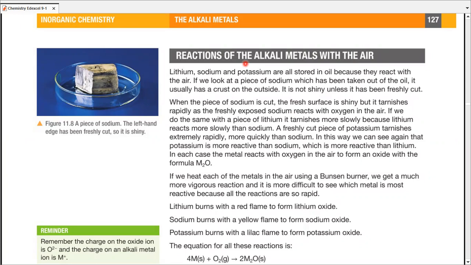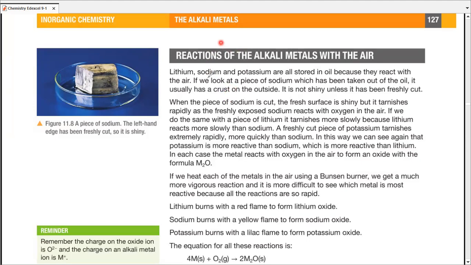But as soon as some time passes on, they react, and that appearance is completely changed. We use the word tarnish for them, we have used the word before, but now we are going to study this reaction with air in detail.